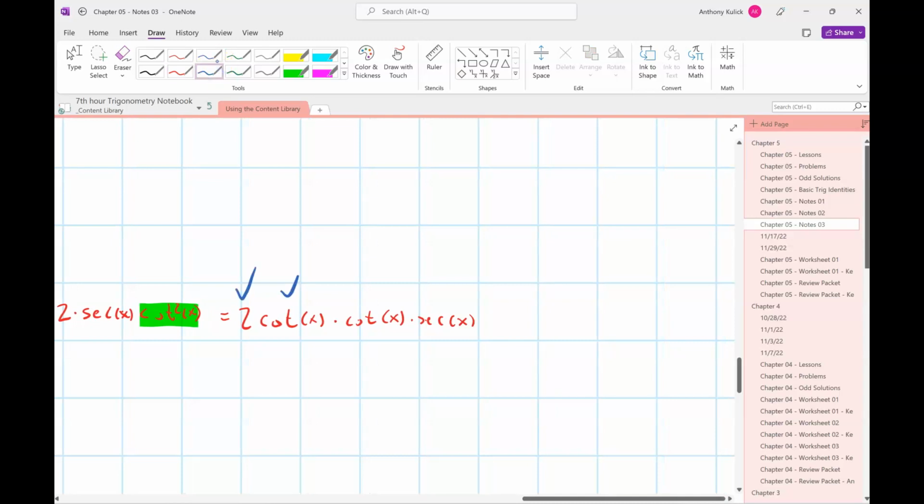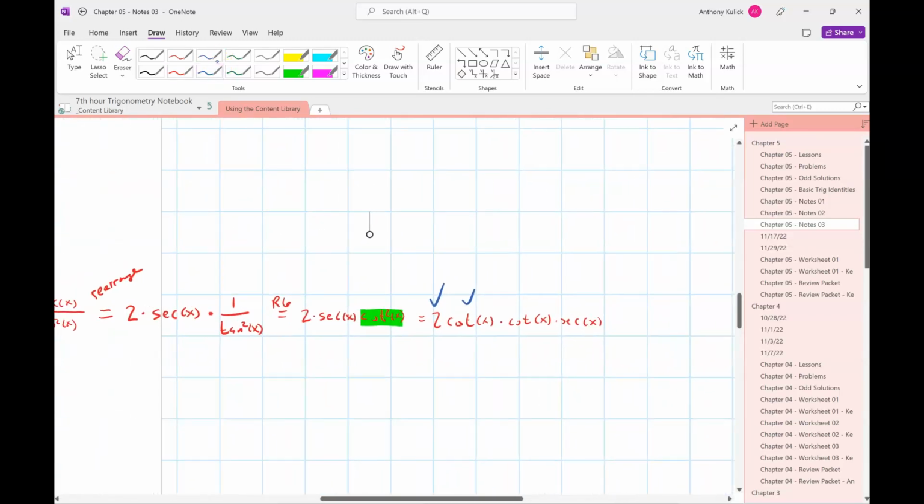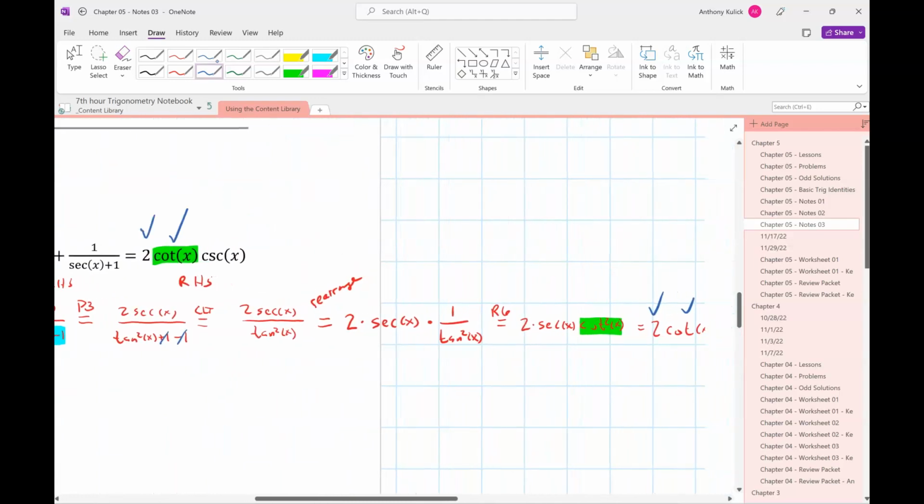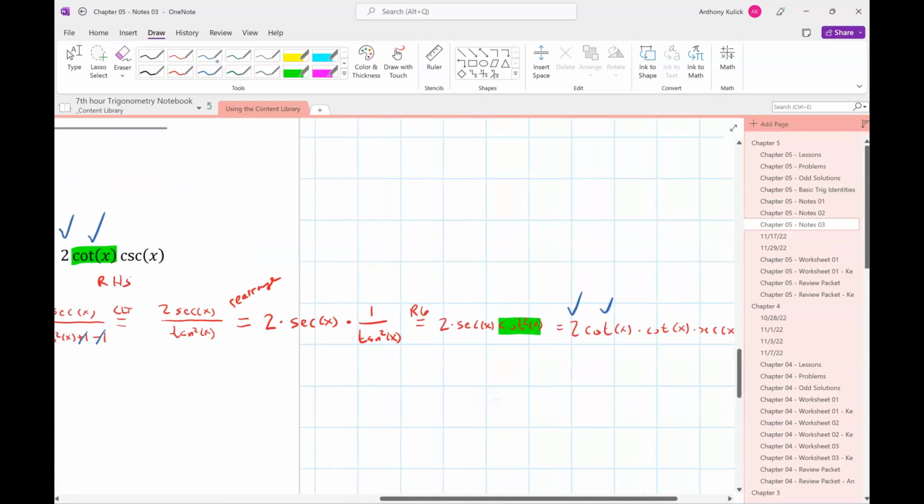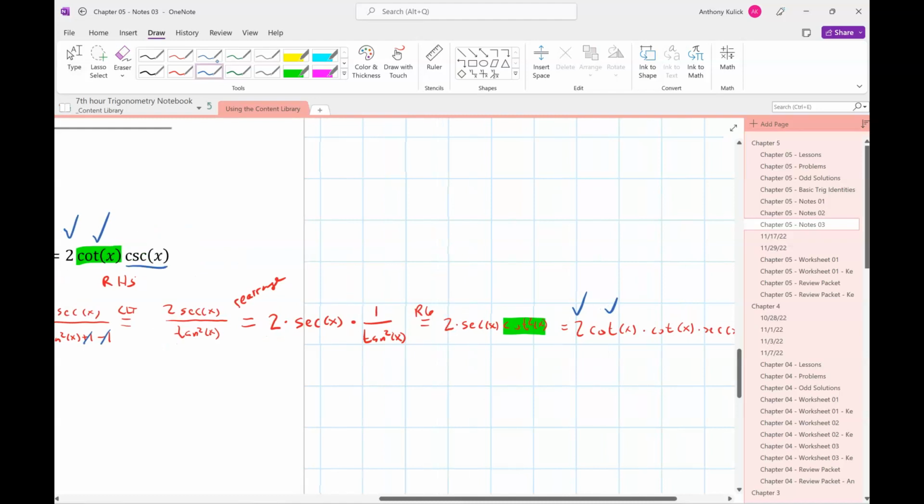So there's the first 2 parts of my answer now, right? And I know somehow that cosecant has to become cotangent over secant, or cotangent times secant. It has to turn into cosecant, right?